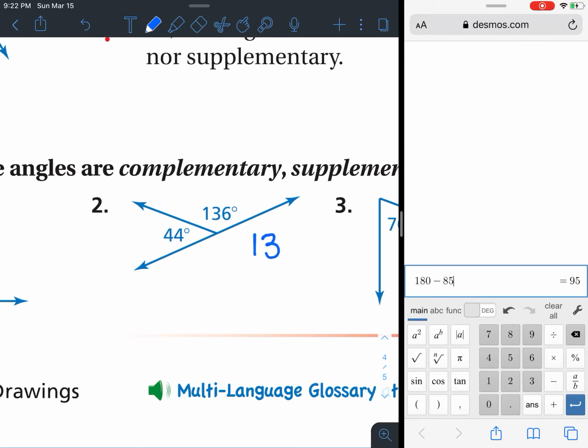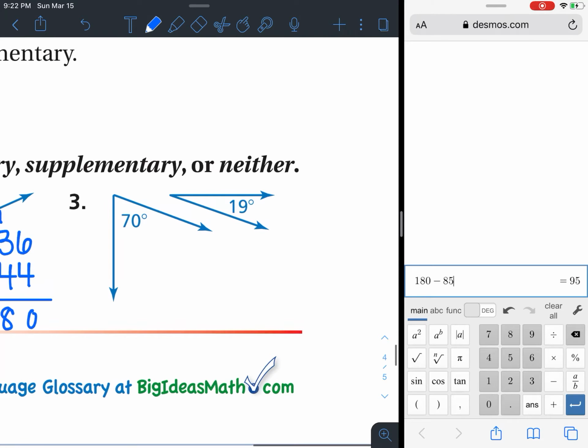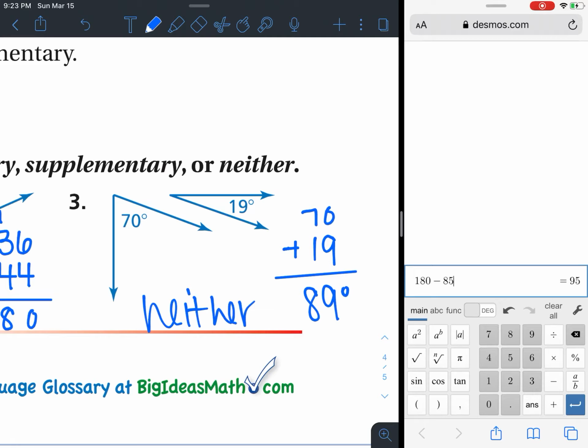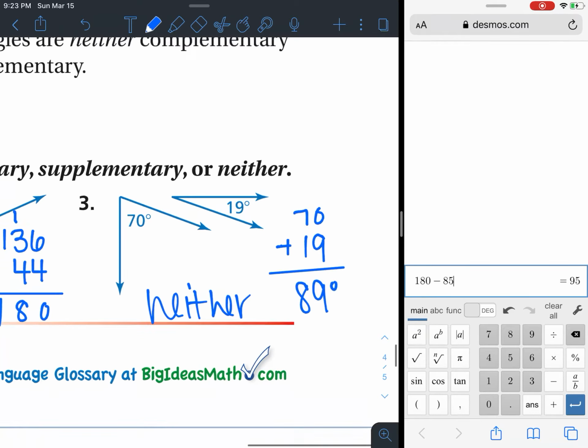It looks like they form a straight line, but let's check. 136 plus 44 equals 180, so that means they are supplementary. Last one, 70 plus 19 gives us 89, so that's neither. It has to be exactly 90 or exactly 180.